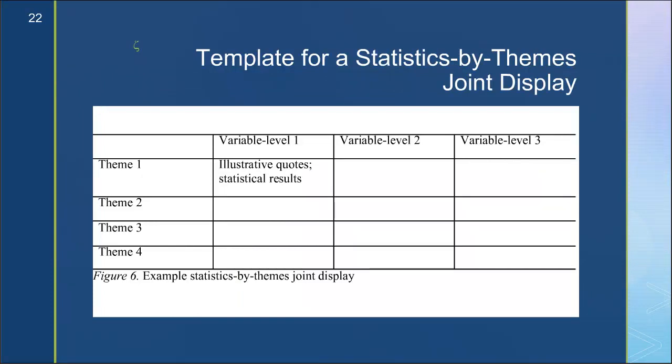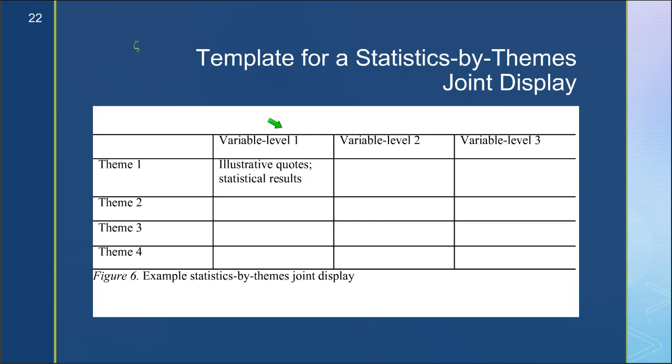Another way to think about merging would be to relate your statistics by themes. And this is a statistics by theme joint display template. So here, it's organized a little bit differently in that what I've shown in this example is arraying different levels of a quantitative variable against qualitative themes.